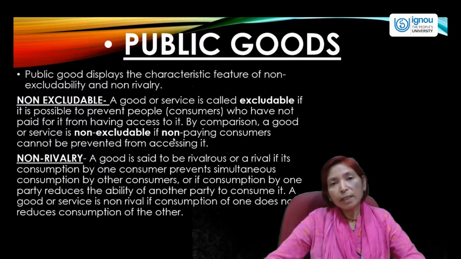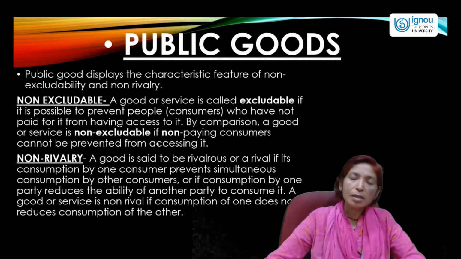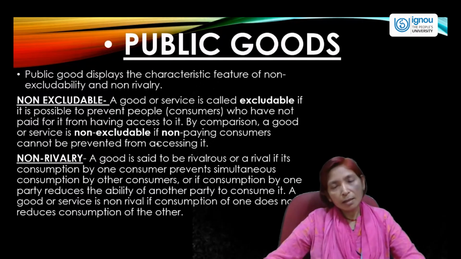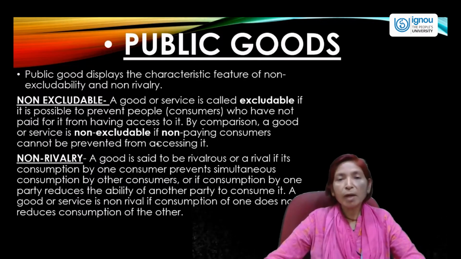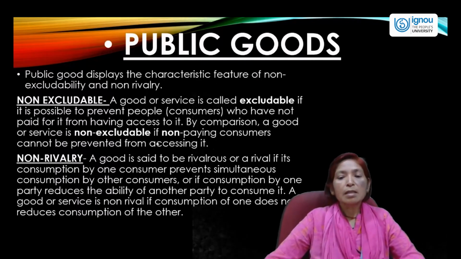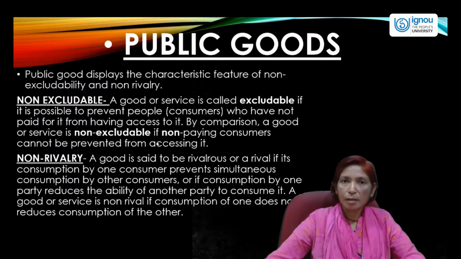Second is non-rivalry. A good is said to be rival if its consumption by one consumer prevents simultaneous consumption by other consumers, or if the consumption by one party reduces the ability of another party to consume it. But a good or service which is non-rival means the consumption of one does not reduce the consumption of the other.